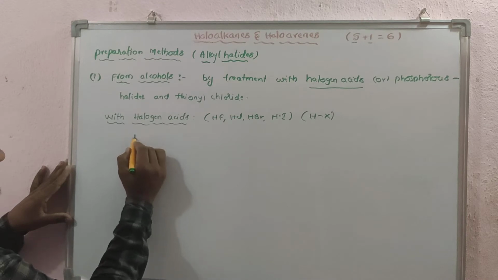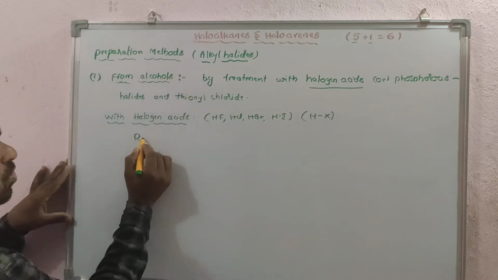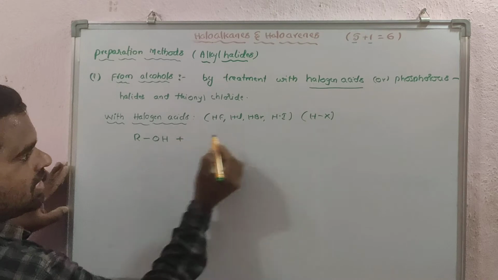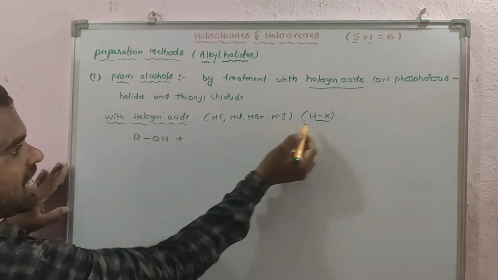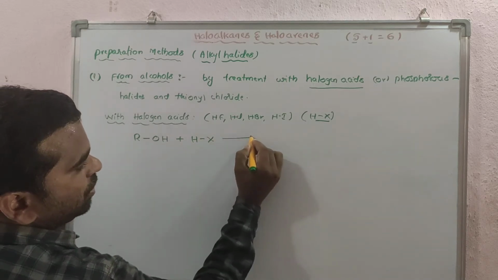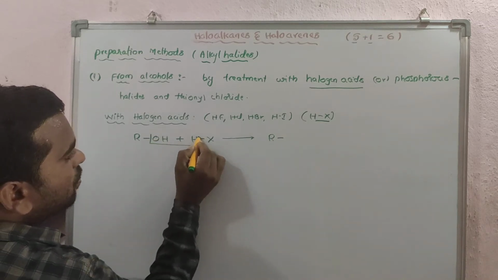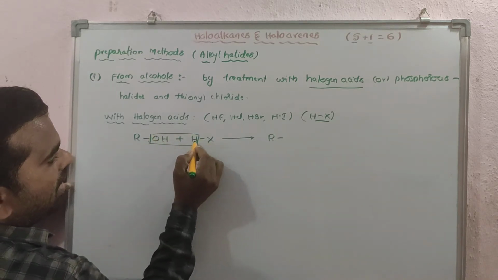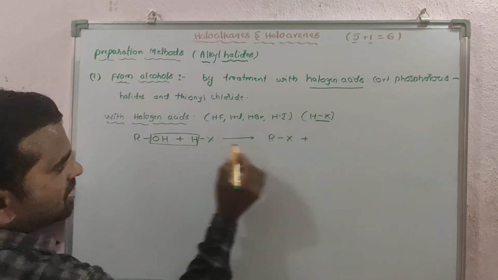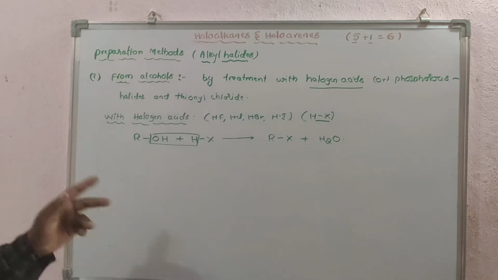First what we will do? We will treat this alcohol, because we are preparing these alkyl halides from alcohol. So you know the general formula of alcohol is ROH. So we will treat with the halogen acids, general formula HX. Then you will get the compound RX, removing OH from here and H from the HX, plus H2O.